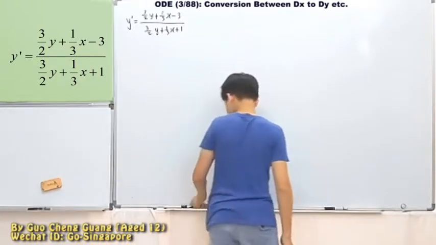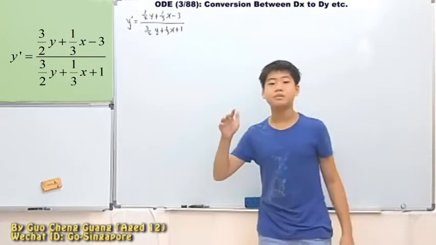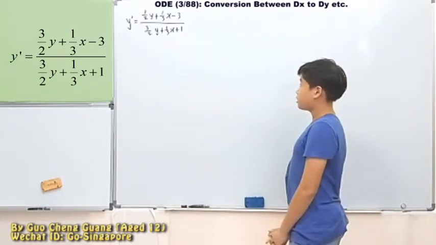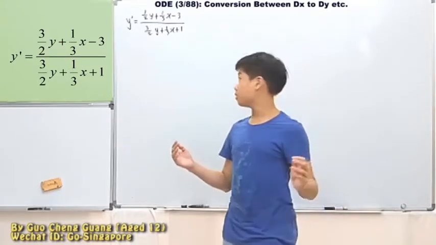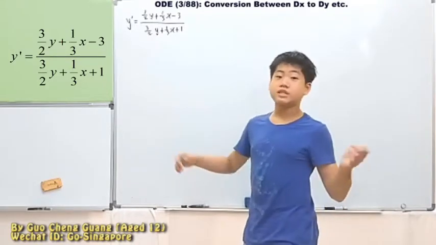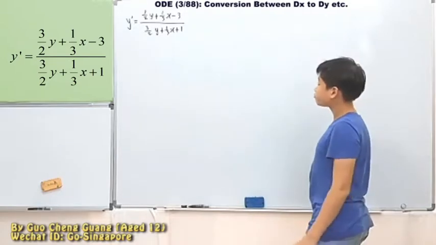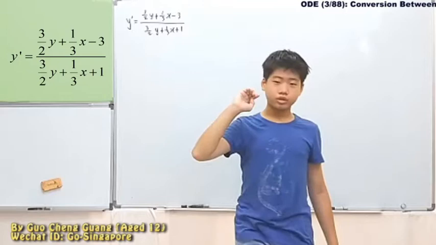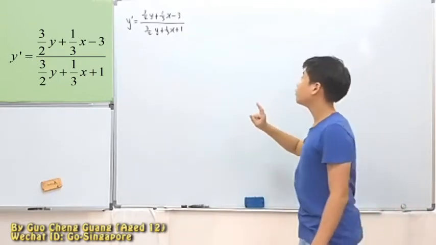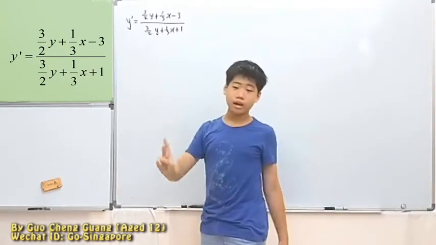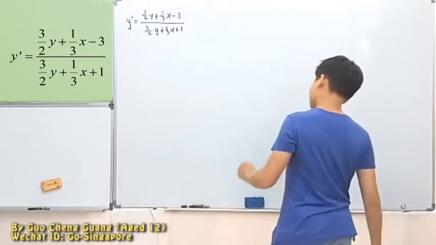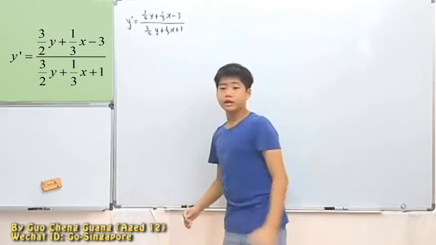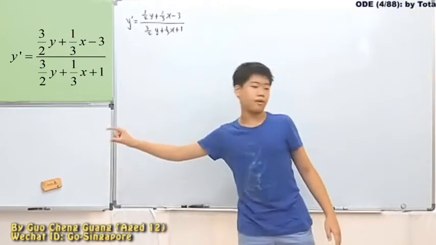When we look at the numerator and the denominator separately, as equations, you realize these two are both straight lines, and they are in fact parallel to each other. That makes this a very special example.